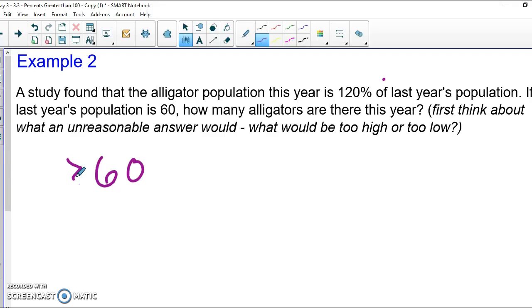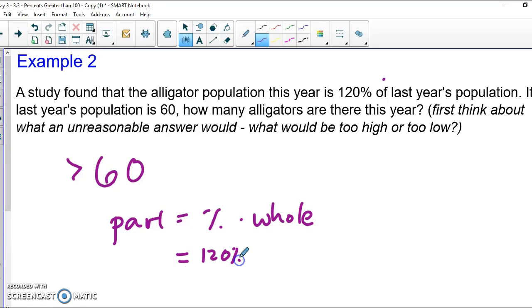So let's look at solving this two different ways. I could say, using my equation, part equals percent times the whole. And I could substitute in. So my percent is 120% times the whole, which is 60, and that's going to give me my part, which I'm trying to find.